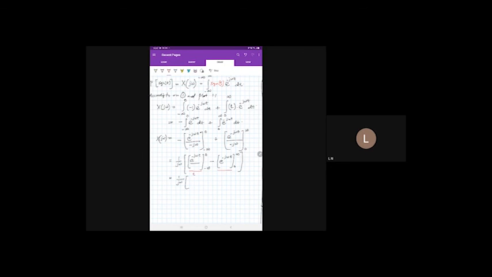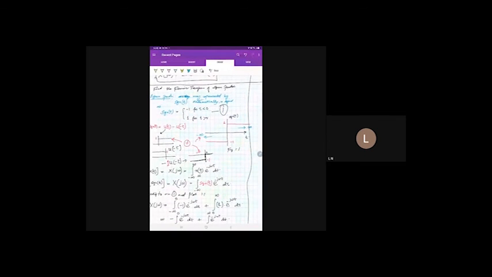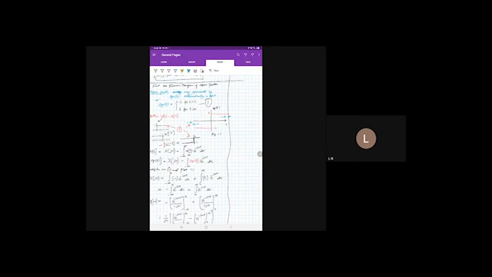This term is when the time is less than 0, and this term is when t is greater than 0. Please remember, we are actually taking the Fourier transform of a signum function, and it is equal to -1 for t less than 0, and it is equal to 1 for t greater than 0.